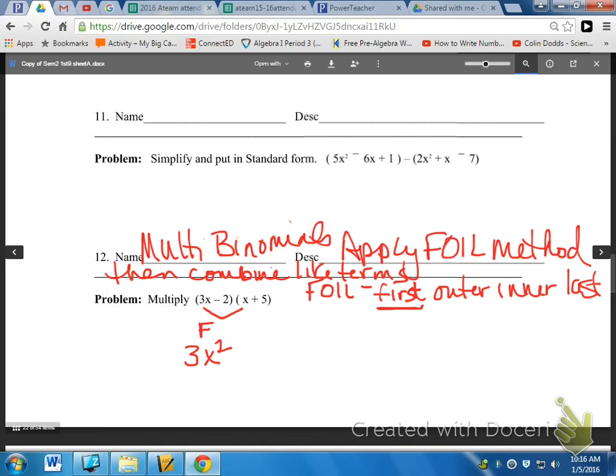When it goes to outer, outer means the outside terms in both. So if you look left to right across that problem, the outer would be 3x and 5. That's my O, that's my outer. And 3x times 5 is 15x.